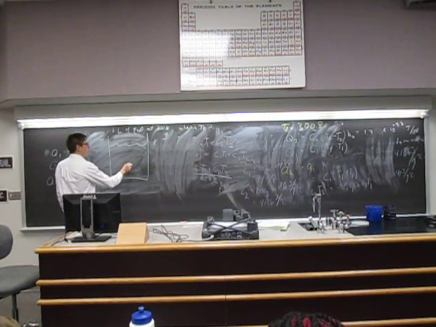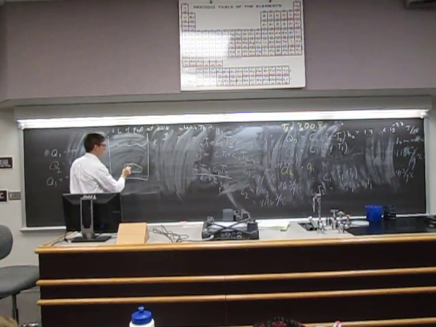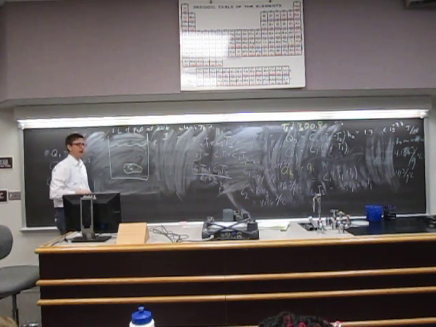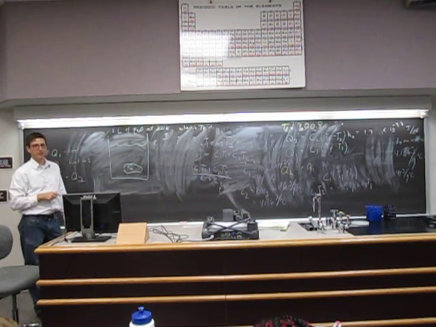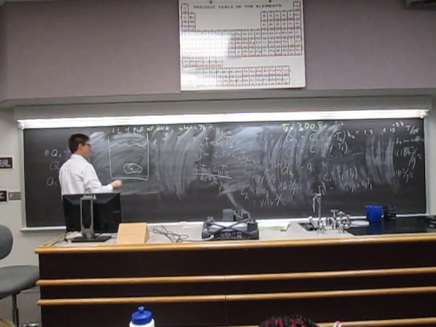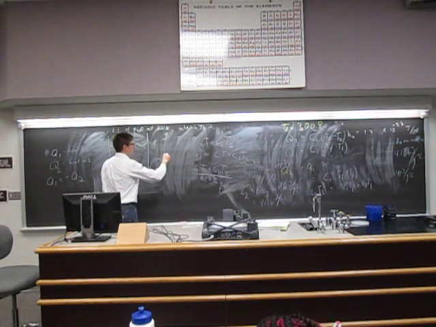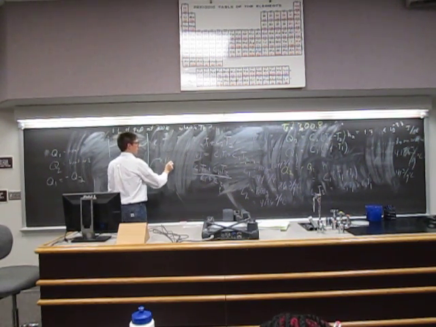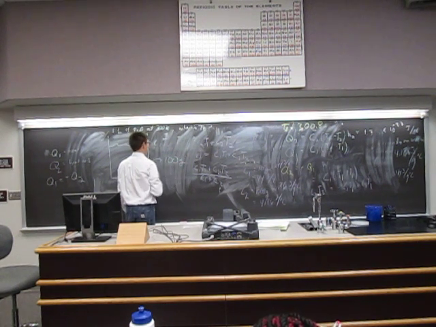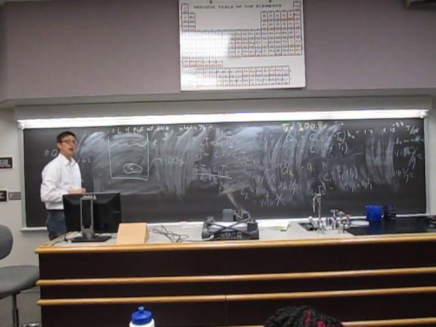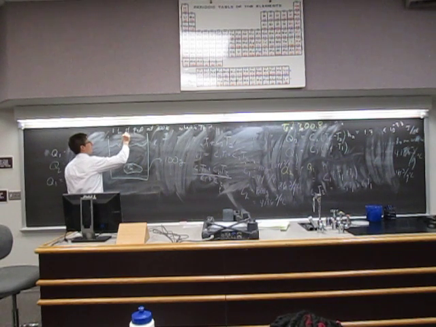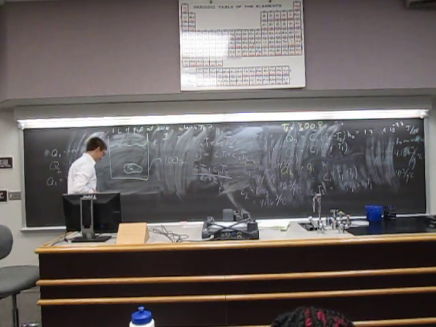So let's say I put a mass of iron. We'll use iron because we know the specific heat roughly. Let's say that we put 100 grams of iron into a bath of water, 1 liter of water at 300 Kelvin.